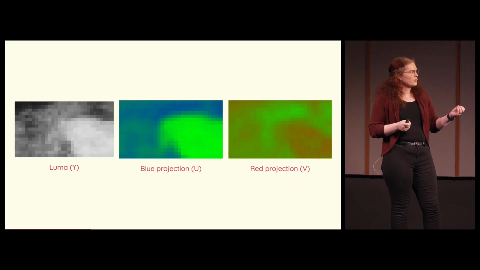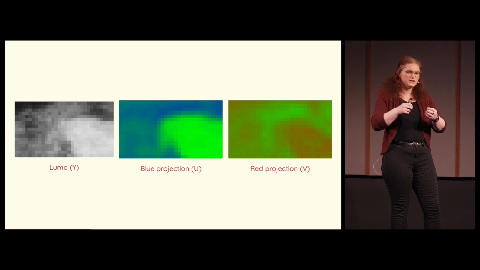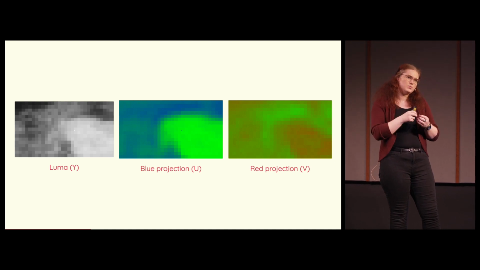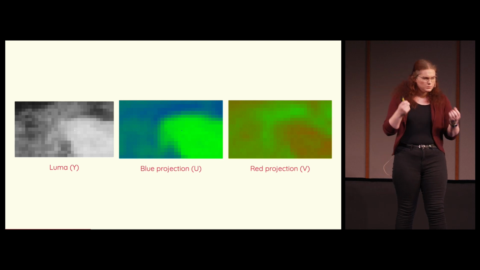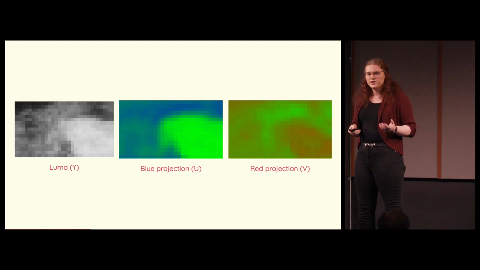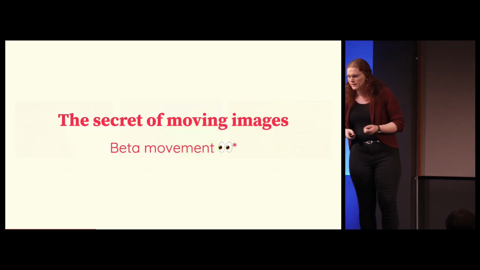You can save data by removing pixels from the blue projection and the red projection, kind of merging four and four together. To your eyes, the image will look kind of the same, but you will have saved a lot of data. So this is the basis for a lot of image compression, and as we will see later, a lot of video compression as well.